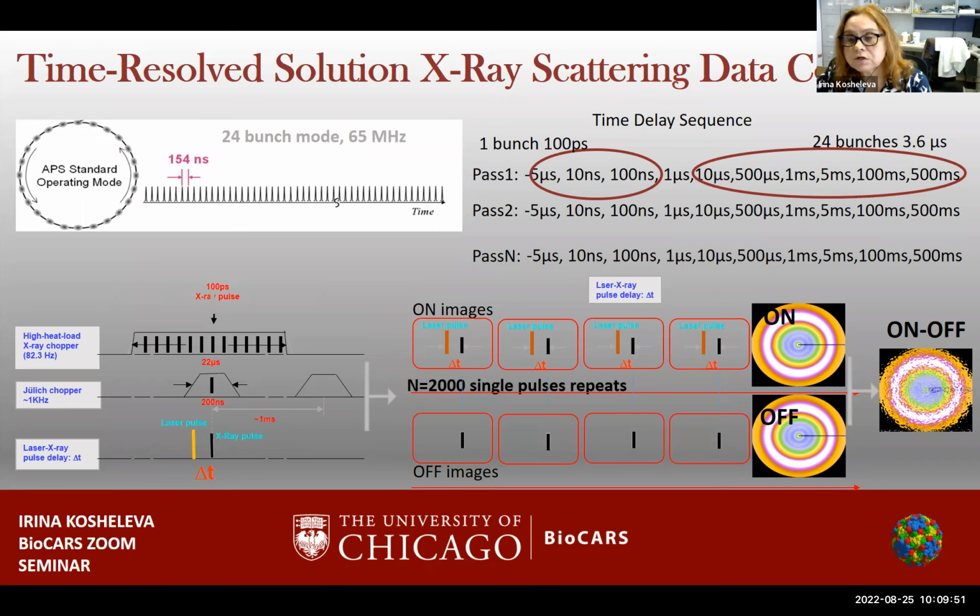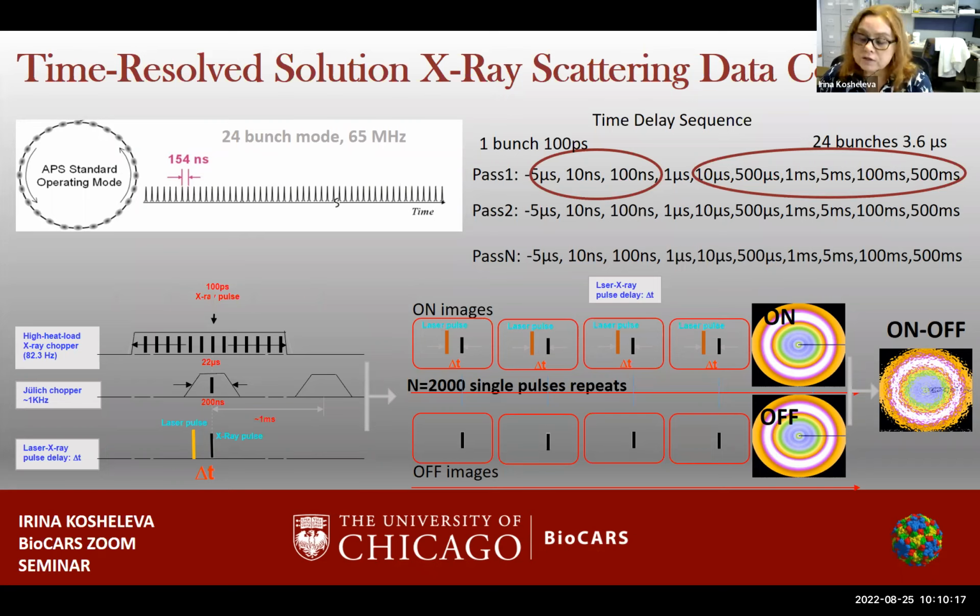All the complicated synchronization between laser, shutter, X-rays, time delays, and other equipment is taken care of by a field programmable gate array. That was designed and implemented some time ago by Friedrich Schotter. I think he started at ESRF and then moved his expertise here to BioCARS.